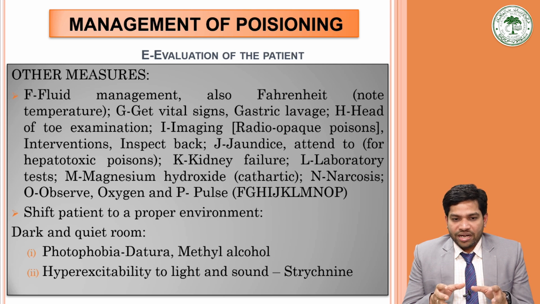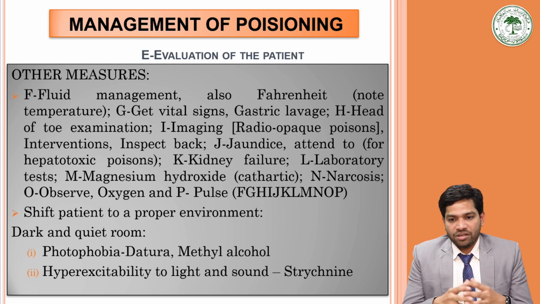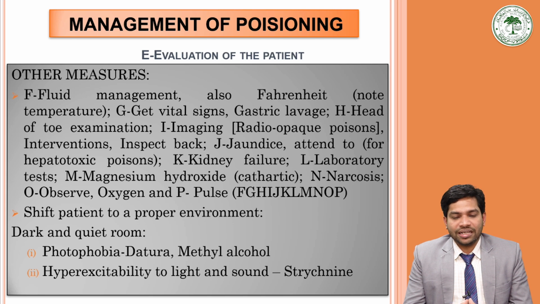In the 1940s, this drug was commonly used as a suicide measure, and a lot of deaths were happening due to barbiturate poisoning, and a well developed system of management of toxicity and poison was not there.